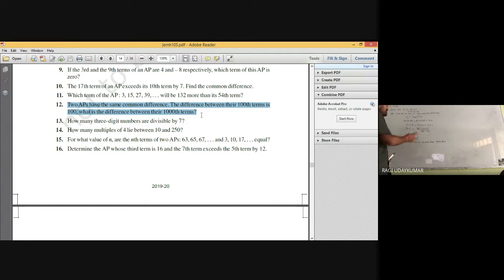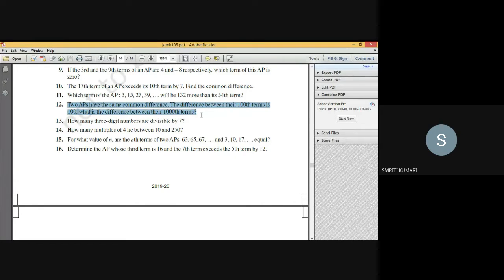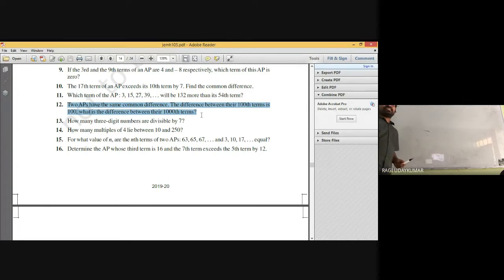What is the difference between their thousandth terms? Can anyone guess? The difference between the hundredth terms is 100, so the difference between the thousandth terms will be 1000? No, sir, it will also be 100. Again 100. Very simple.